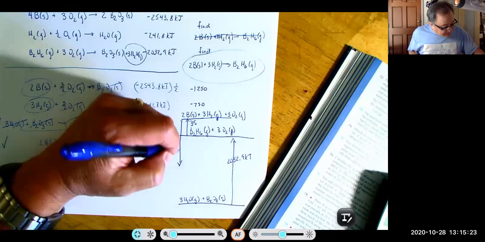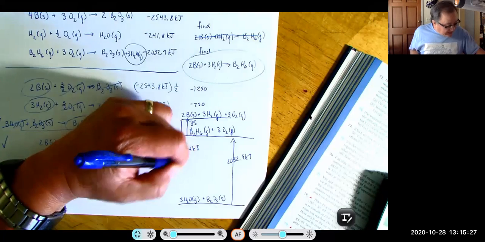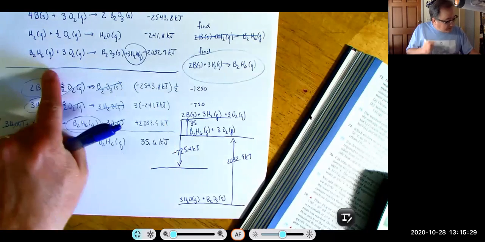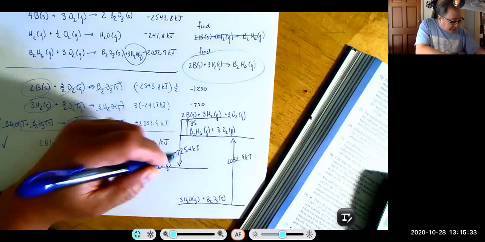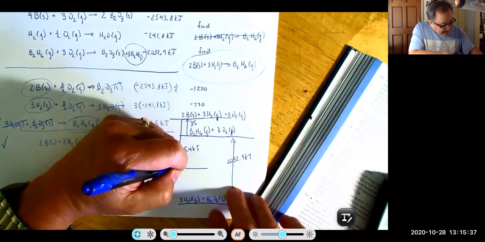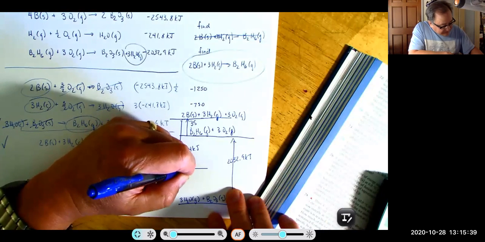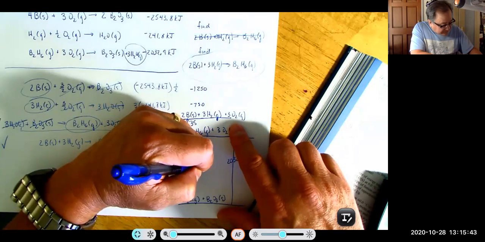So this is minus 725.4 kilojoules. And at the bottom of this, I'm going to put H2O gas. But here, since I'm starting here, the borons don't react. Plus, I only use half of the oxygen.